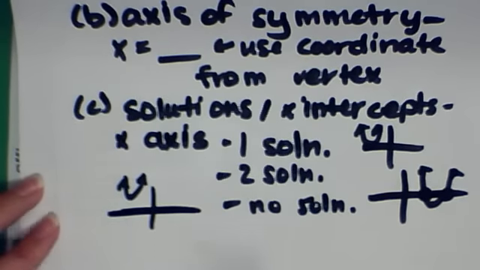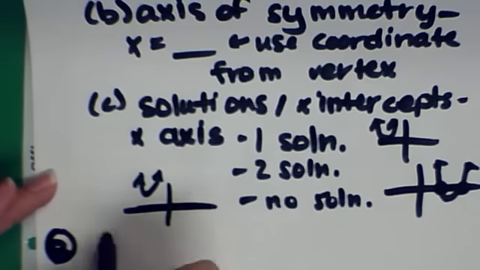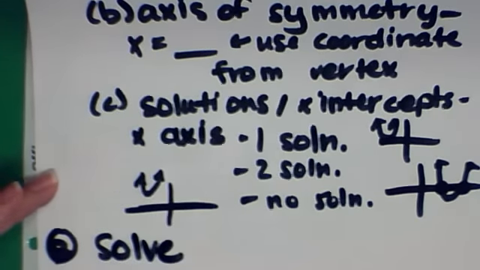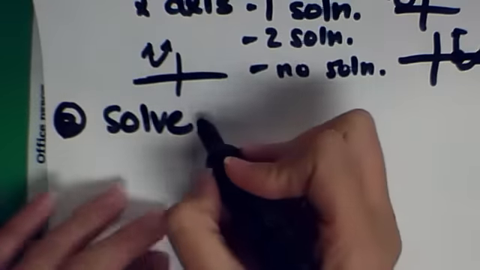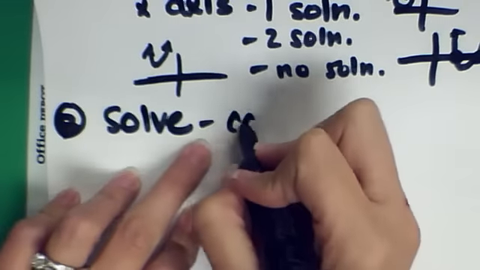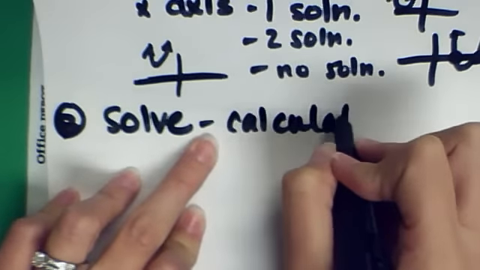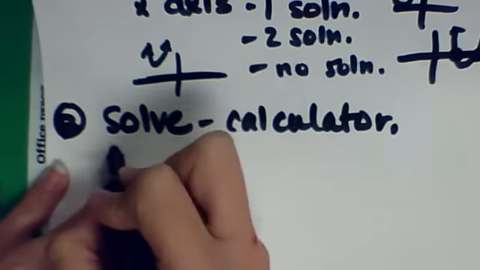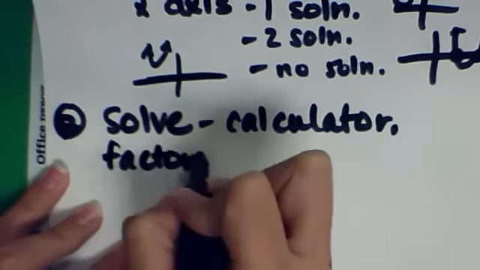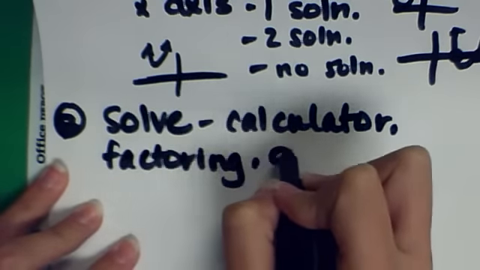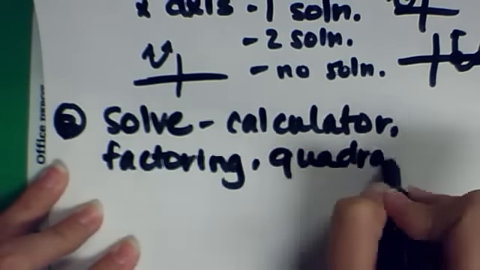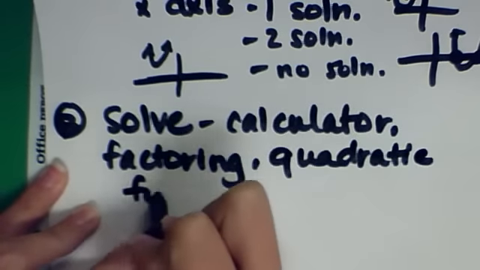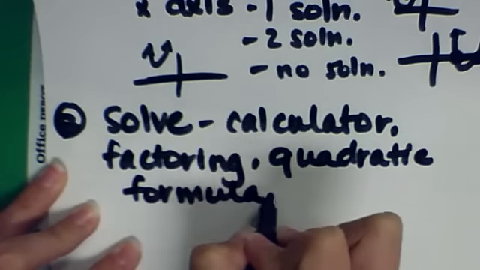Okay, when we want to solve these, this was part B, there are several methods of which we can do that. The first is the calculator. We're going to use just the calculator today. Then we could do factoring and the quadratic formula, which is what we're going to do tomorrow.